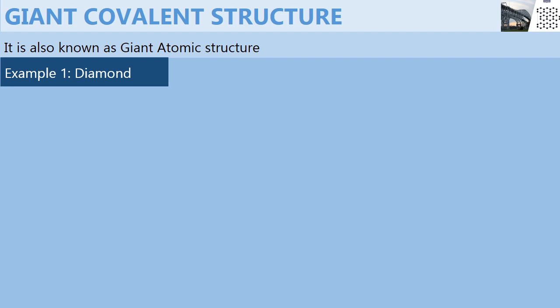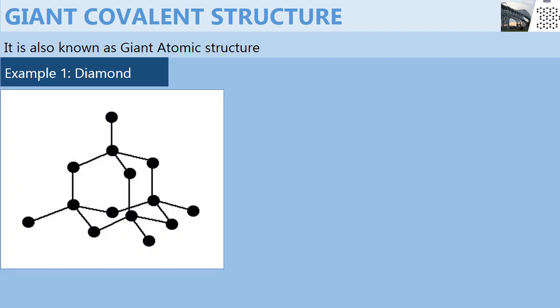Diamond is basically formed from carbon, and each carbon atom is covalently bonded to 4 other carbon atoms. Focus on this carbon atom here. This one represents a carbon atom, and the lines, of course, represent a covalent bond.